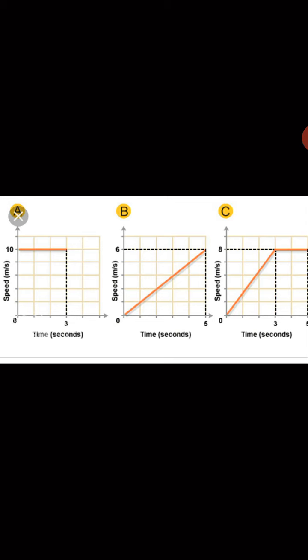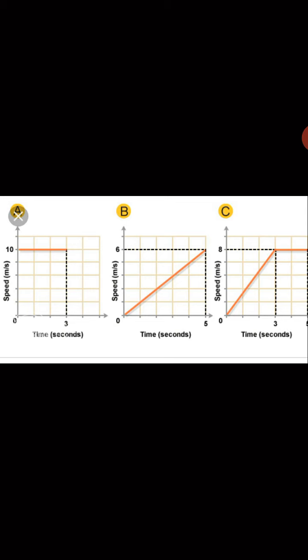Let's see graph A. The red line of the graph is a straight line. When the graph line is a straight line, it indicates that the object is moving at a constant speed. In graph B, the red line is a straight line going upwards.